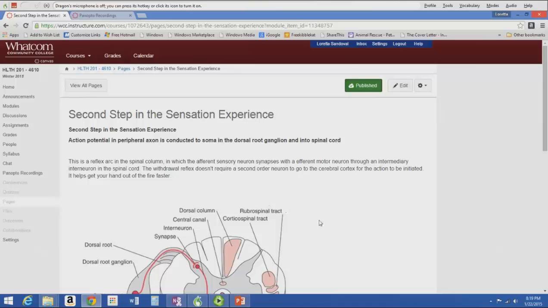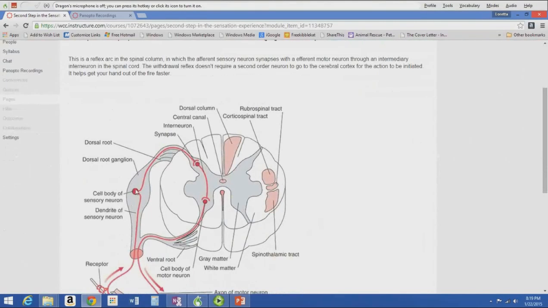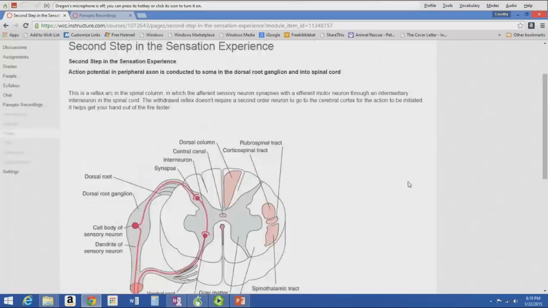They go to the dorsal root ganglion, which contains those pseudo-unipolar cell bodies.